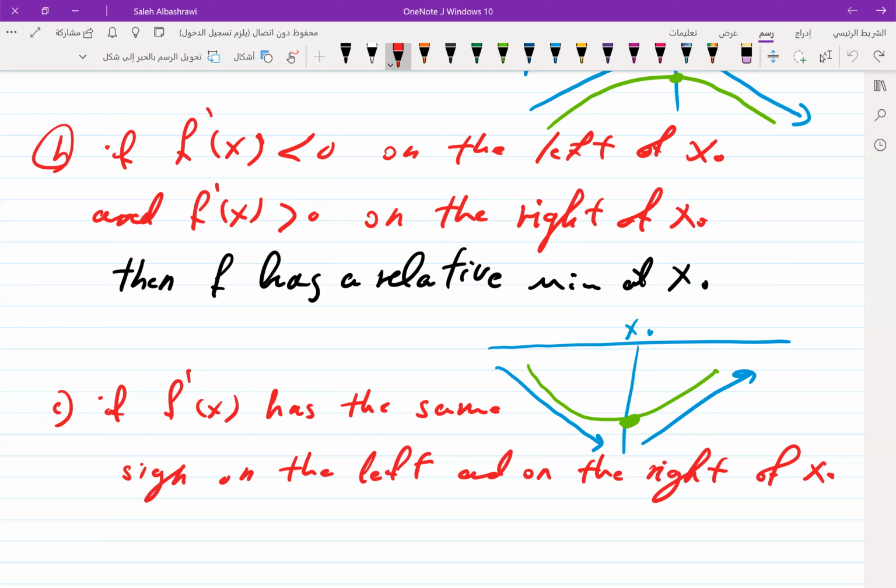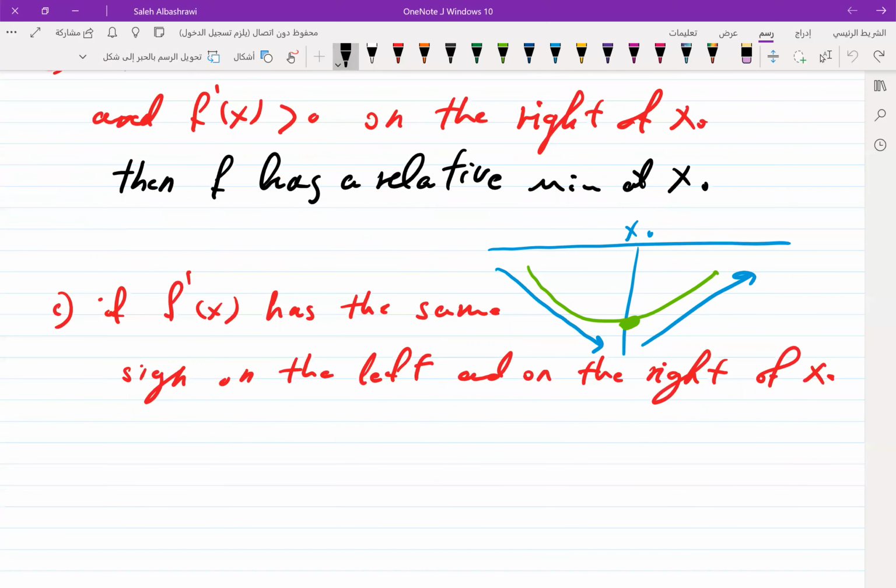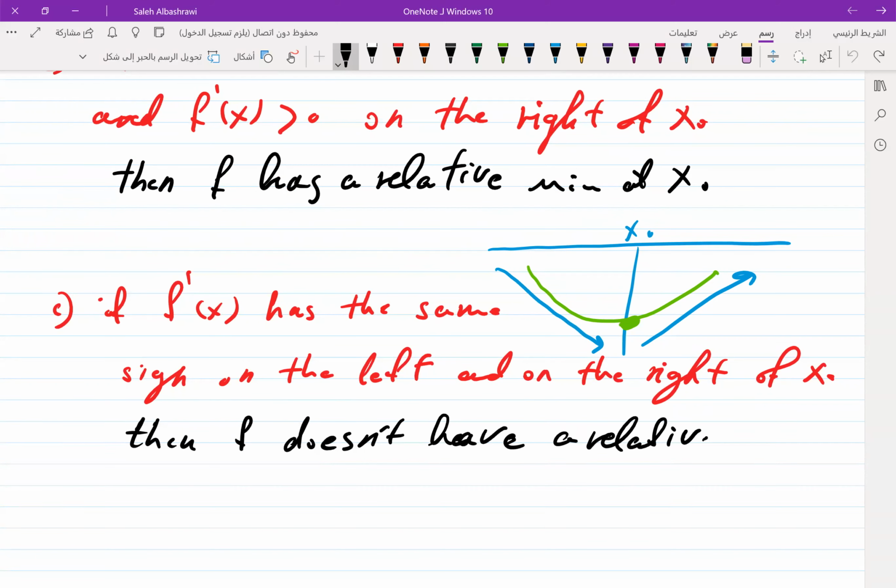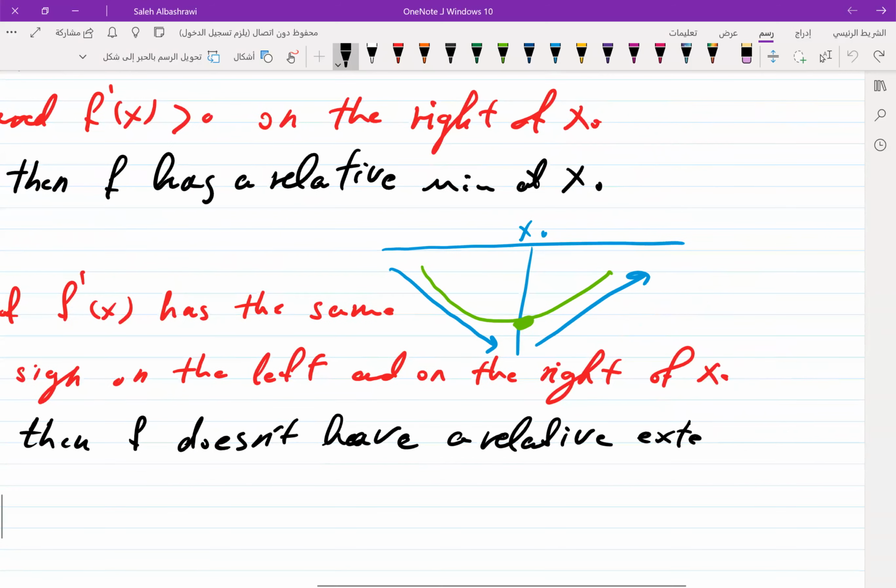In this case, f does not have a relative maximum at x sub 0. So we have three cases.